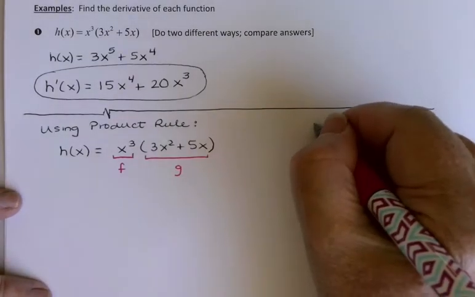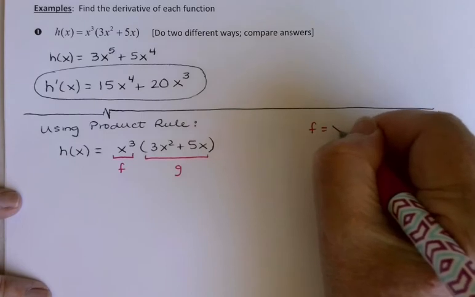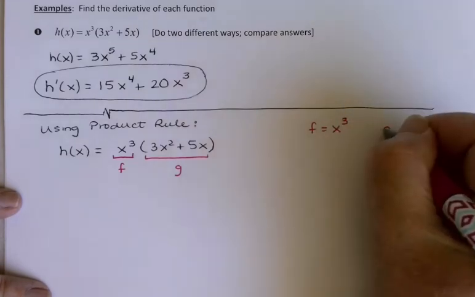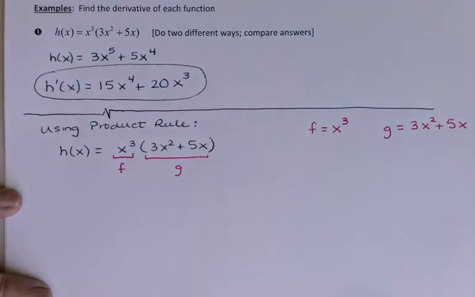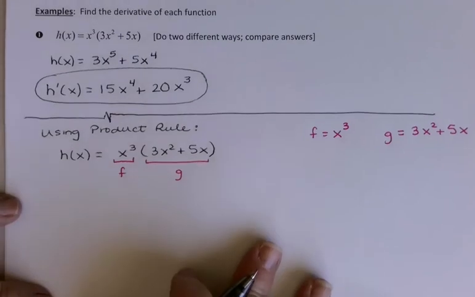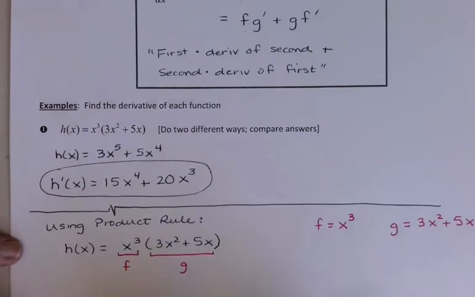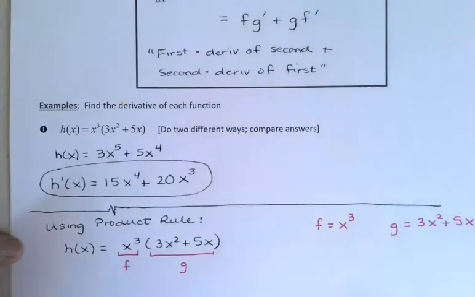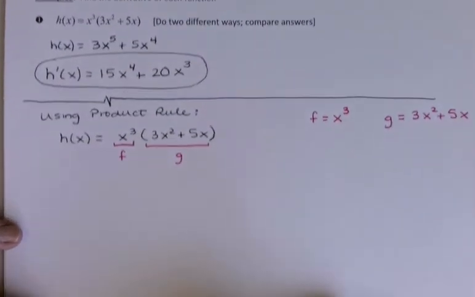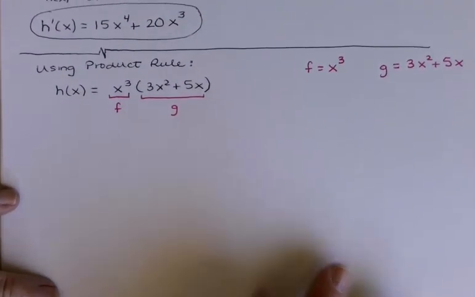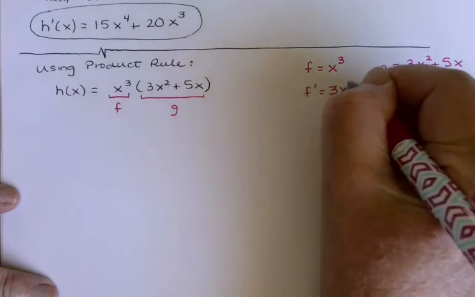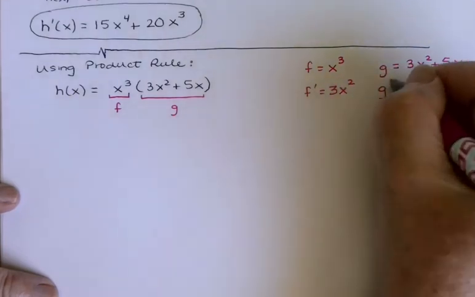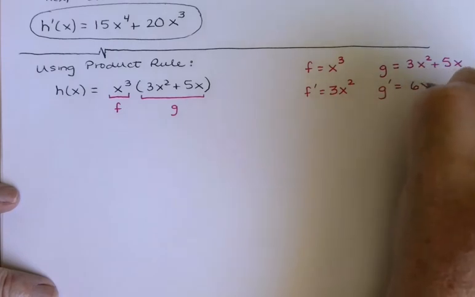And then I'm going to do a little bit of work off to the side. f is x cubed, and g is 3x squared plus 5x. To use the product rule, remember that we need to know both f prime and g prime as well. So I'm going to go ahead and get those derivatives right now. f prime would be 3x squared, and g prime would be 6x plus 5.